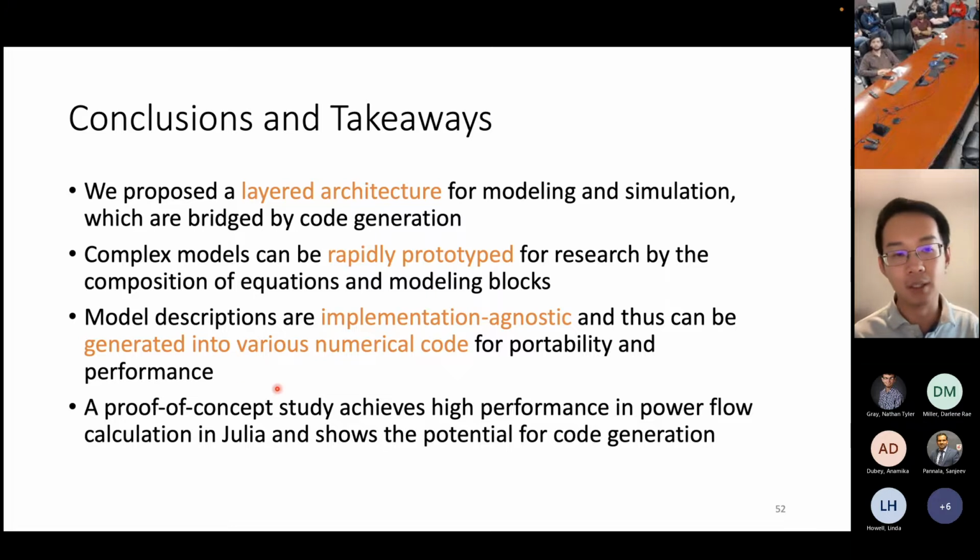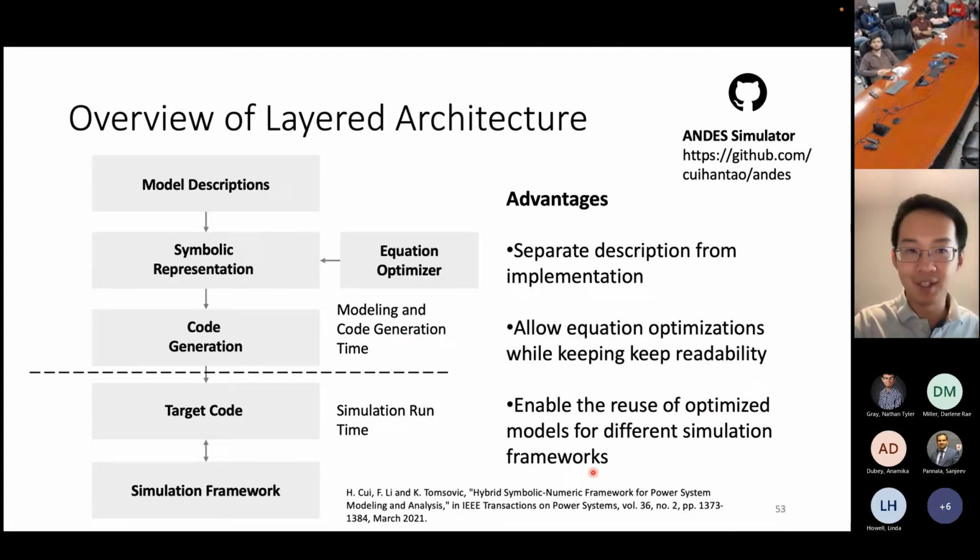We also present a proof of concept study that achieves high performance in PowerFlow calculation in Julia to show the potential of code generation. So this is it, and this is my favorite slide, so I'll stop here, and I would be glad to take questions.